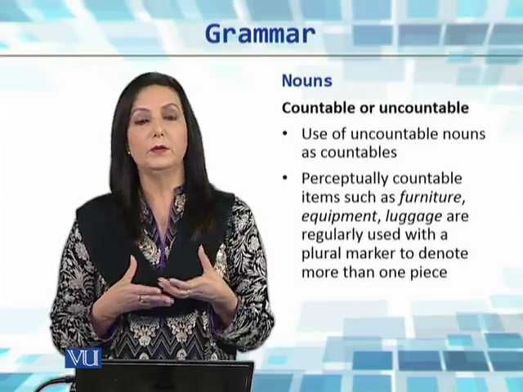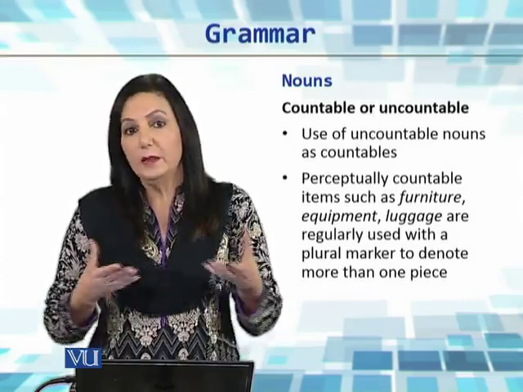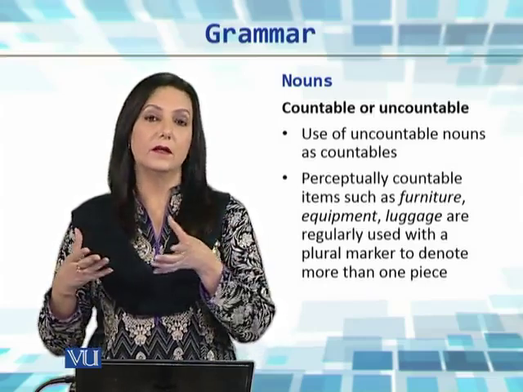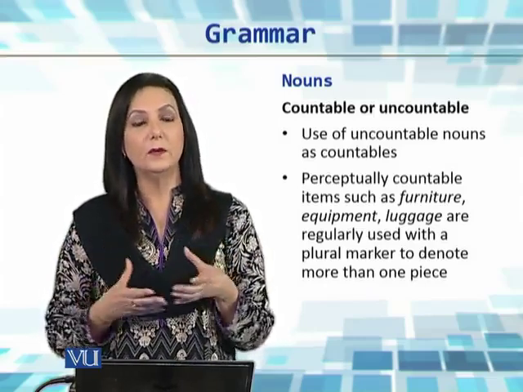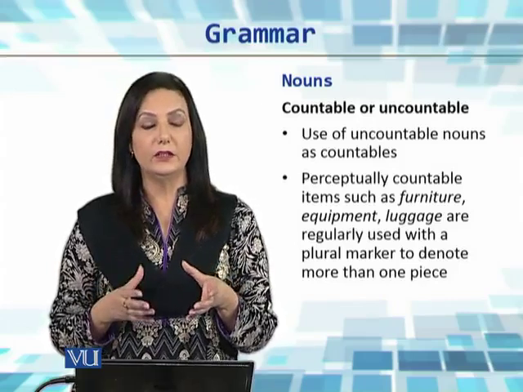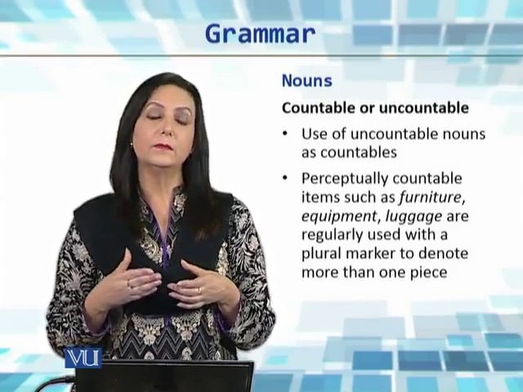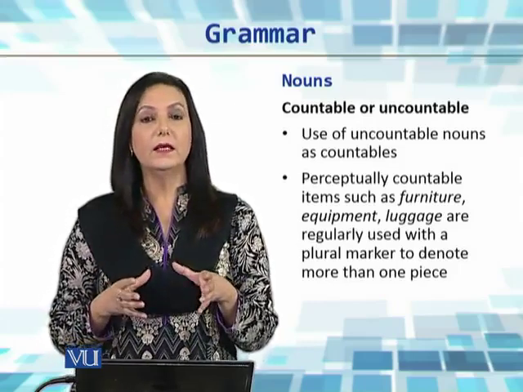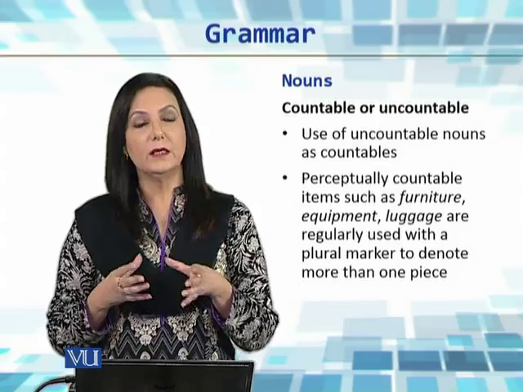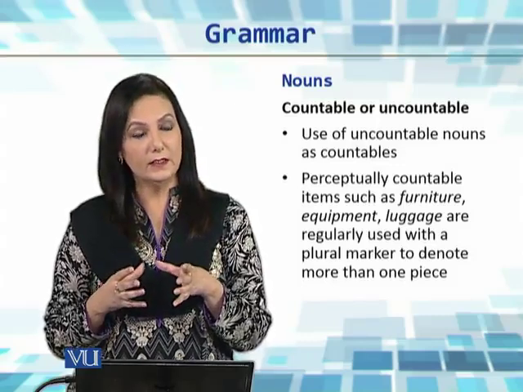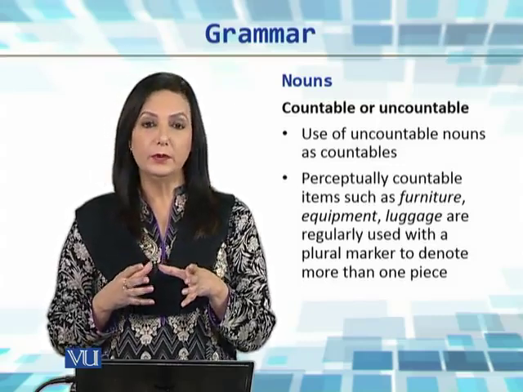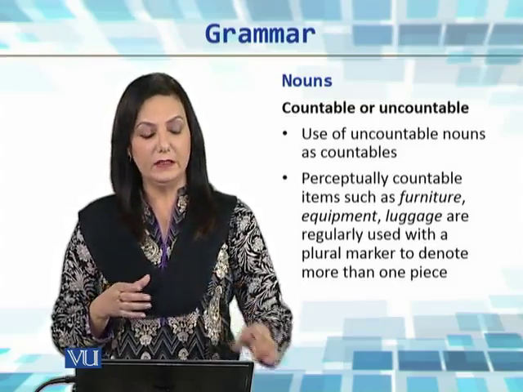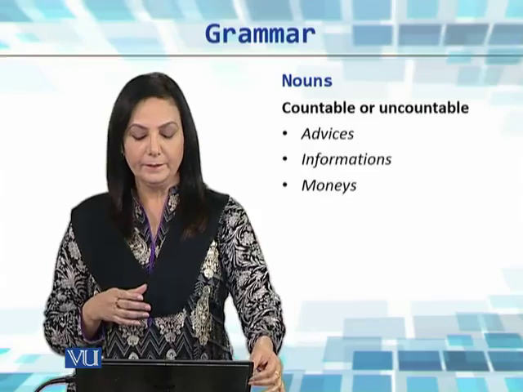For example, when you talk about furniture, you have many pieces of furniture, tables, chairs, sofas, beds, etc. All these are furniture. So, the speakers of English from the outer circle countries perceptually use these nouns in the plural form, to denote more than one piece of these objects.